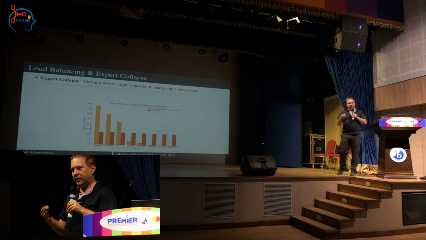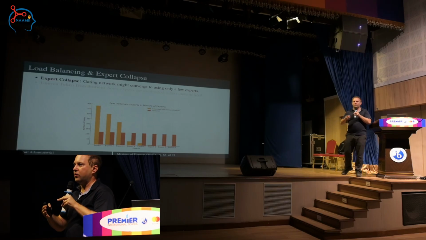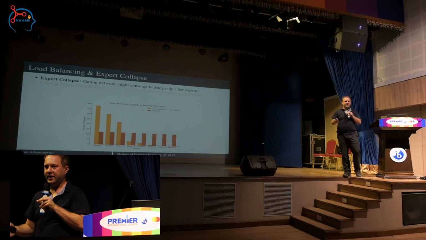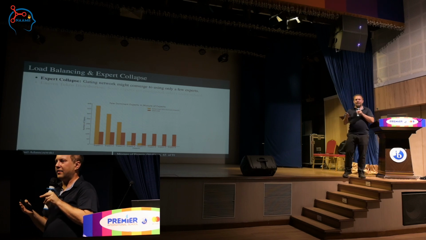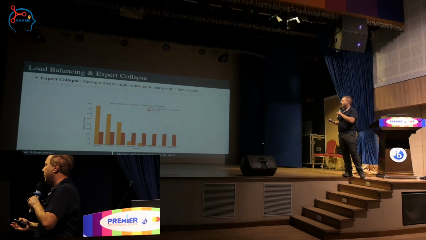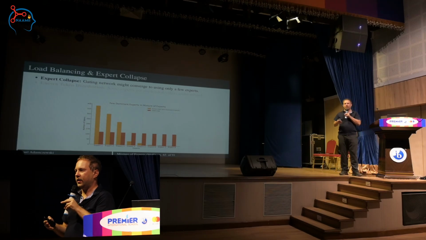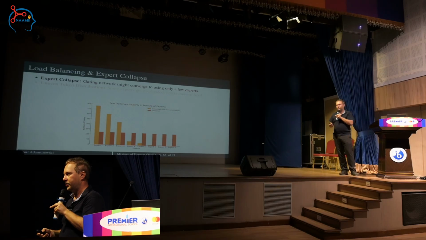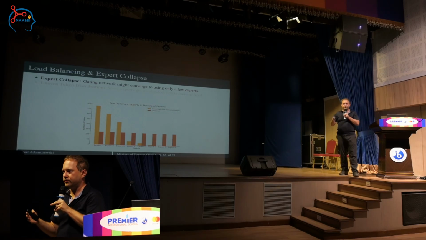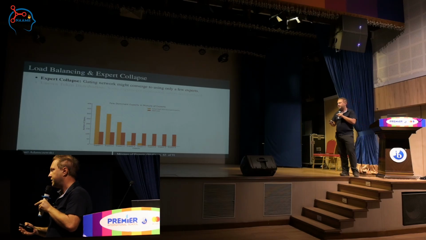In reality, if we don't take care of it properly, it can happen that we have maybe 8 experts or 16 experts, but in reality only a few of them, maybe 1 or 2, will be used. That's something called expert collapse, and it does happen in regular training because of the way the architecture is designed.